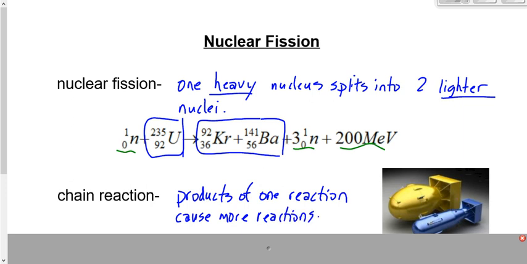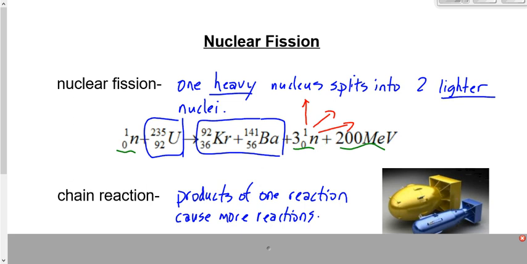In this one, we have a neutron bombarding uranium-235, causing 3 neutrons and 200 mega electron volts of energy. If we design this properly, then maybe each of these 3 neutrons can bombard another uranium-235.